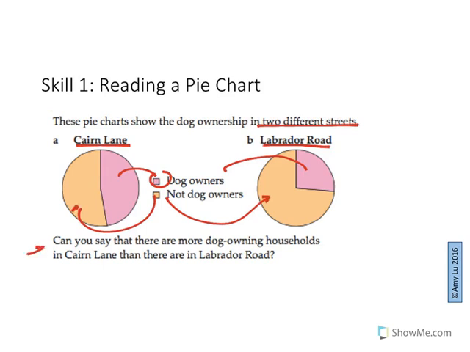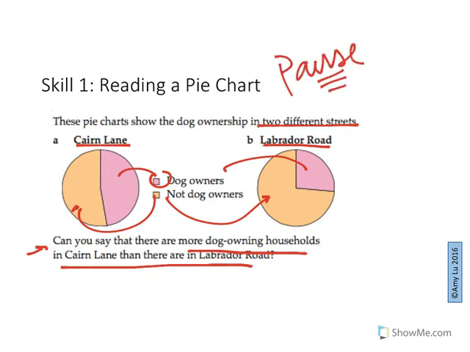So the question they ask you is, can you say that there are more dog owning households in Cairn Lane than there are in Labrador Road? So why don't you take a moment and pause and take a really close look. Now keep in mind, are you given any information to really know the answer for sure? So pause and just think about this for a moment and answer the question in your notebook.